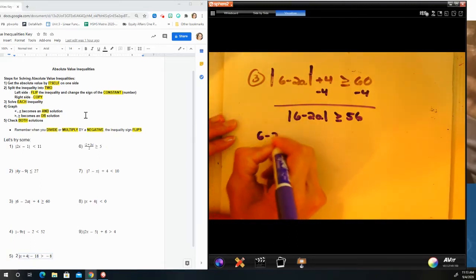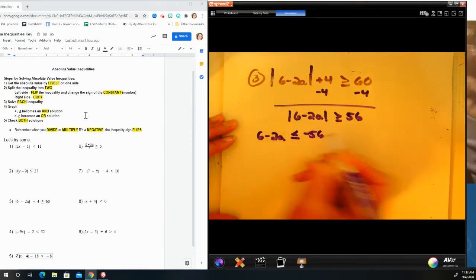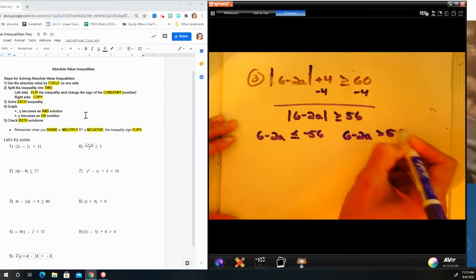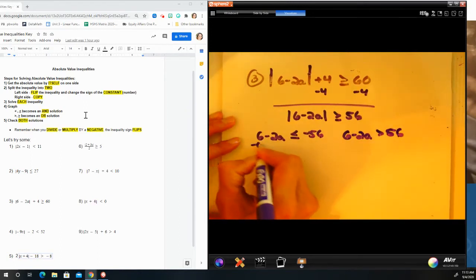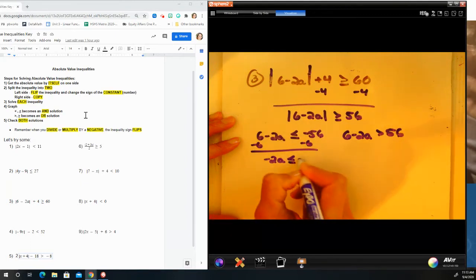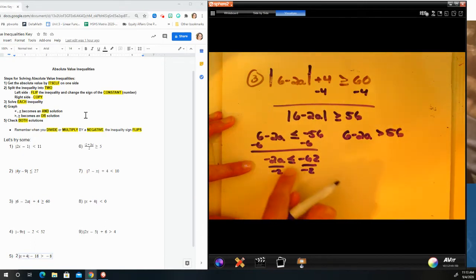So 6 minus 2a, flip my inequality, change the sign, copy this side without the absolute value. We're going to solve this, so subtract 6, negative 2a less than or equal to negative 62, divide by negative. Here I'm dividing by a negative, so this inequality sign is going to flip, and I get a is greater than or equal to 31.